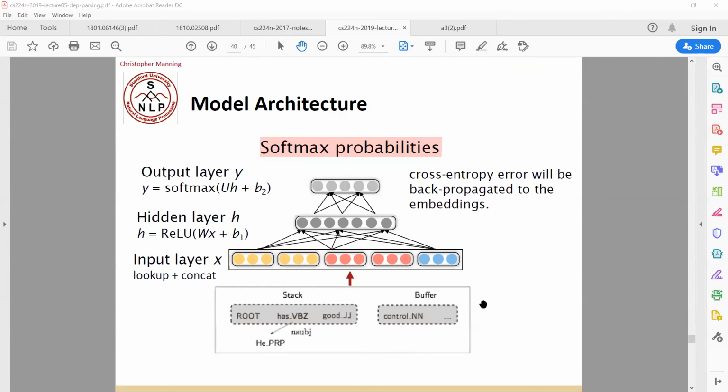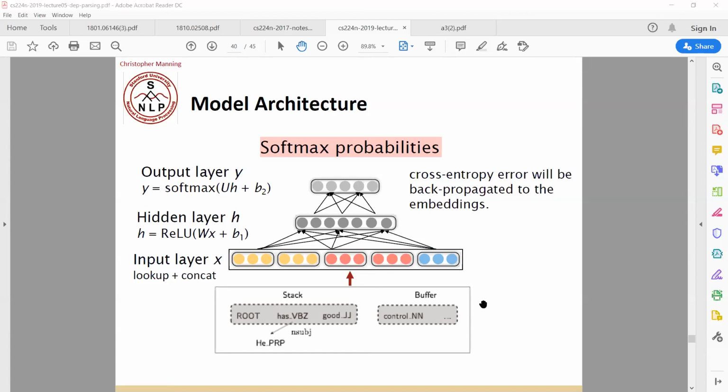Yeah. So for your input layer, what are you saying? You're capturing every single state of your stack and buffer as your input? Yes, in order to predict the transition and decide whether you will make a right arc, a left arc, or a shift.